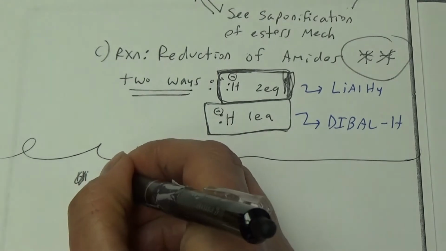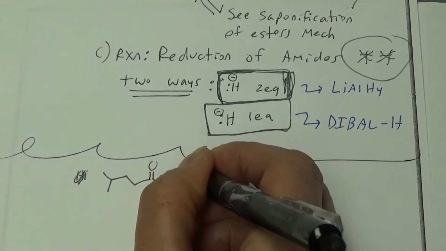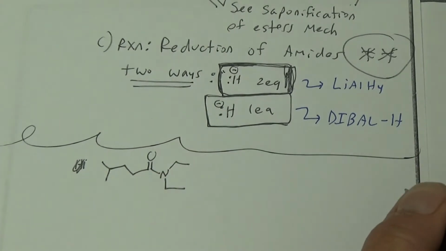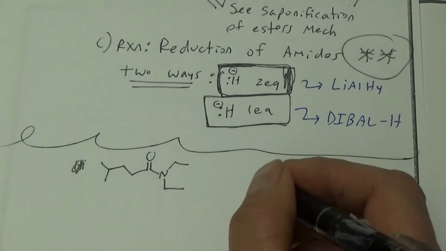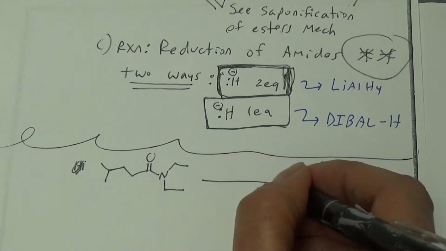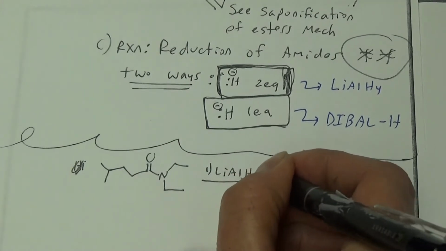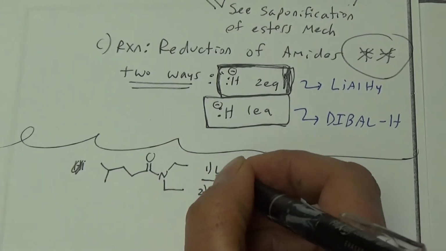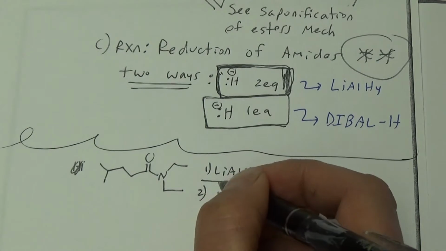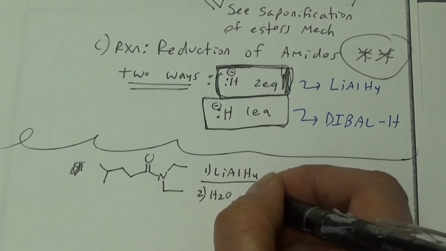I'll draw a miscellaneous amide, and the reagents are lithium aluminum hydride and usually a little bit of water or acid.